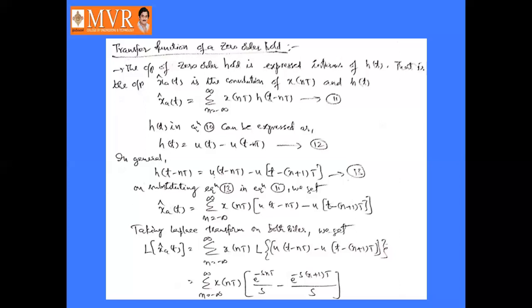On substituting equation number 13 into equation number 11, we get x_a(t) equal to sigma n equals minus infinity to infinity x(nT) into h(t minus nT), which is u(t minus nT) minus u(t minus (n plus 1)T).